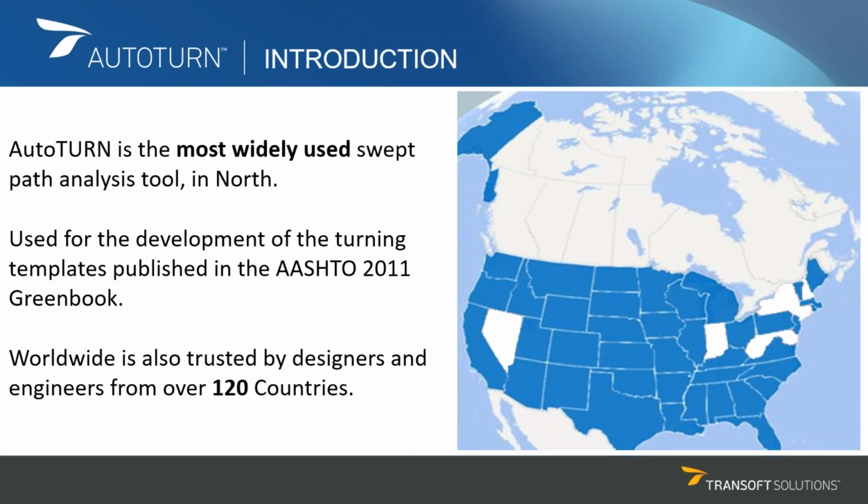This is also demonstrated by the adoption of AutoTURN Pro by other DOTs like PennDOT and WSDOT for the evaluation of designs such as rail crossing, clearances to structures and surfaces, and to verify vehicle access for emergency vehicles in 2D and 3D. And last but not least, we have been playing a more active role in terms of research.